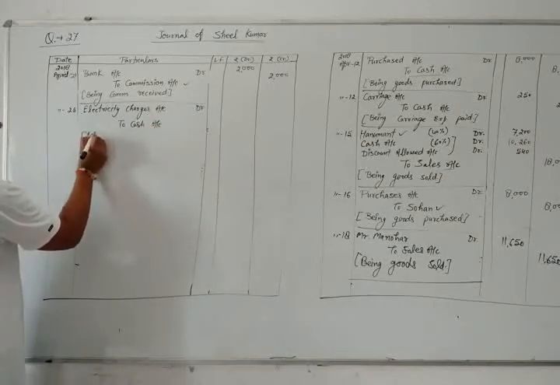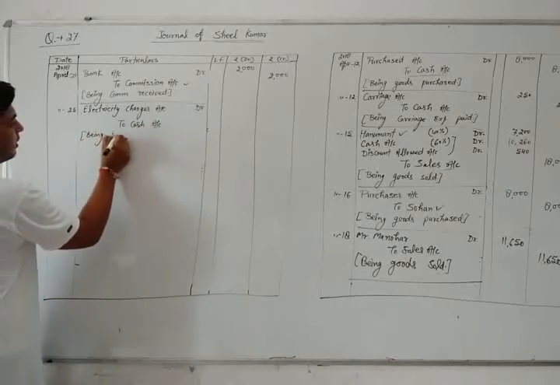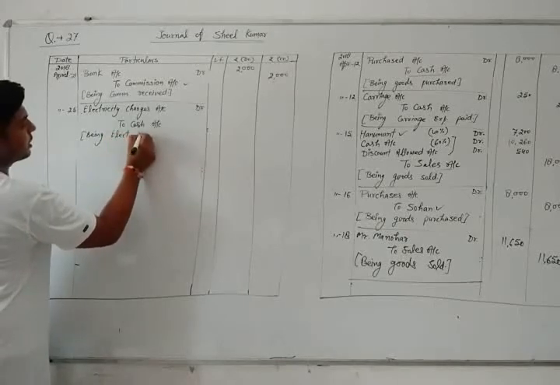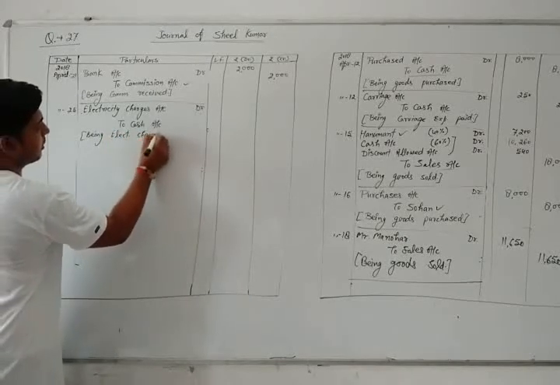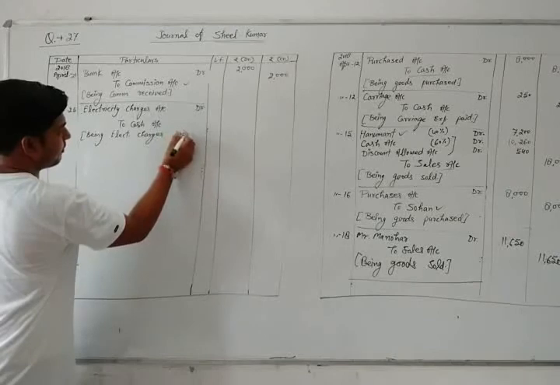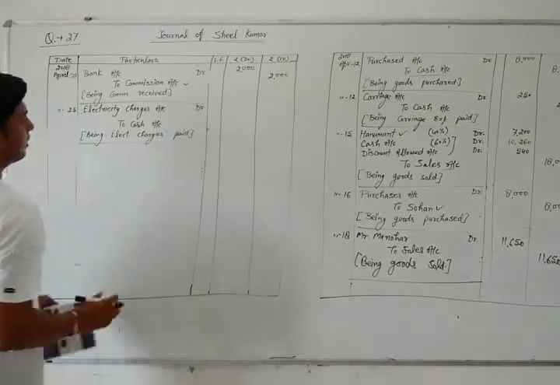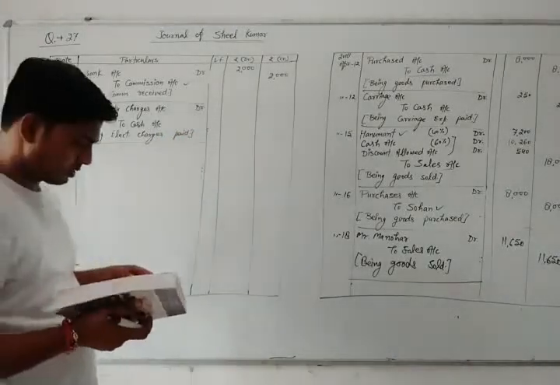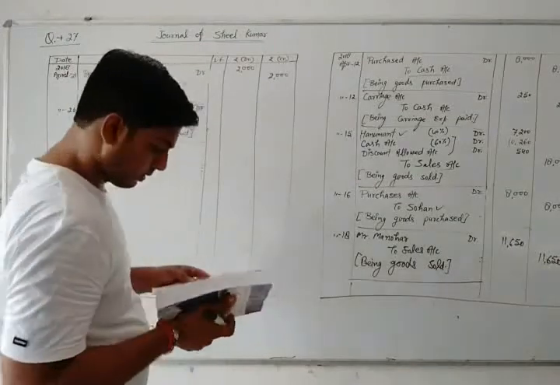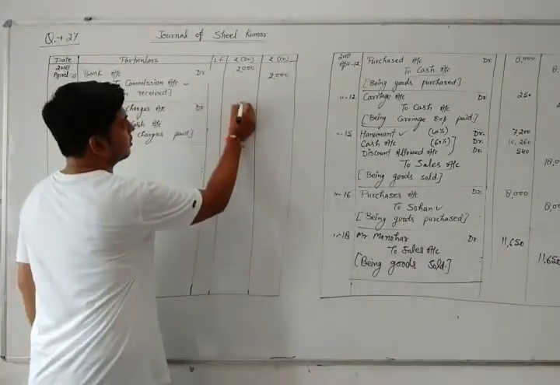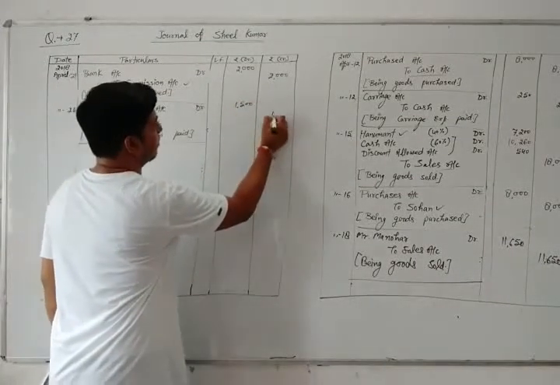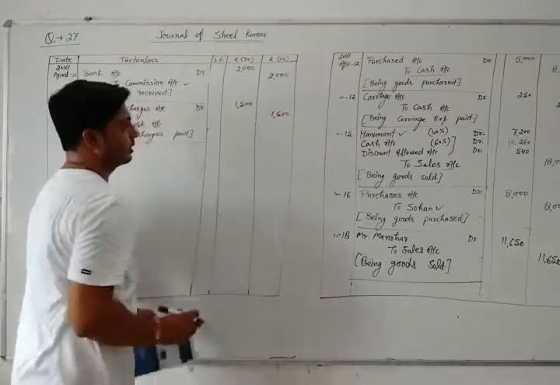So electricity charges paid. The amount for electricity charges paid is 1,500. So here 1,500 is debited and credited.